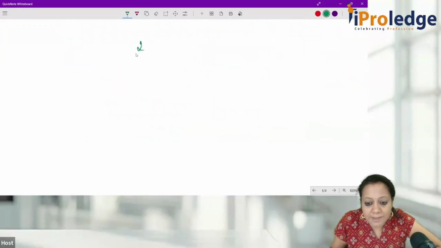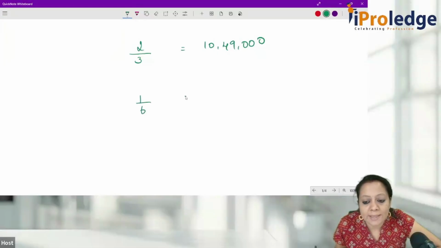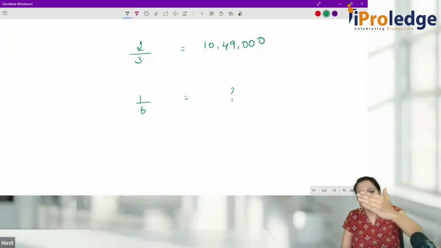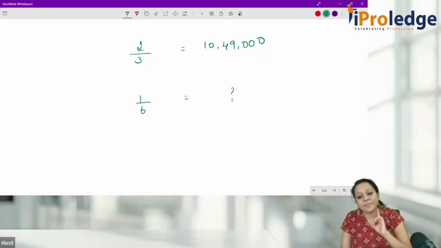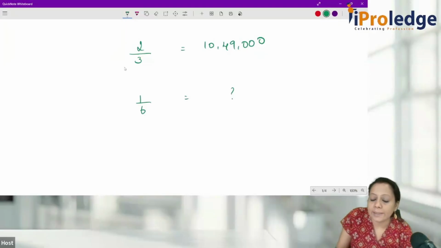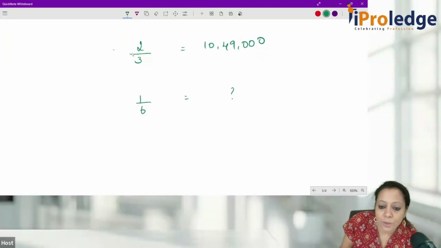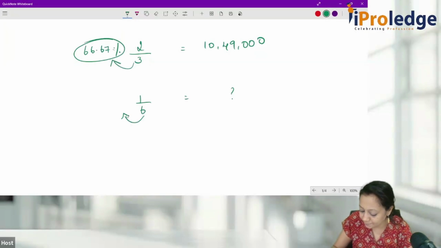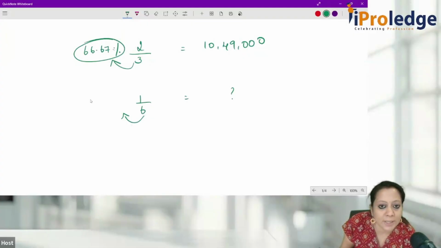So can I now say from our discussion, two-thirds is equal to 10 lakh 49,000. That means what is 1 by 6 equal to? Now, some students are finding it difficult to do this fraction. If you are finding it difficult, then you can convert this. We all know 2 by 3 is 66.67 percentage. What is 1 by 6? 1 by 6 is 16.67 percentage. So like that also you can do.